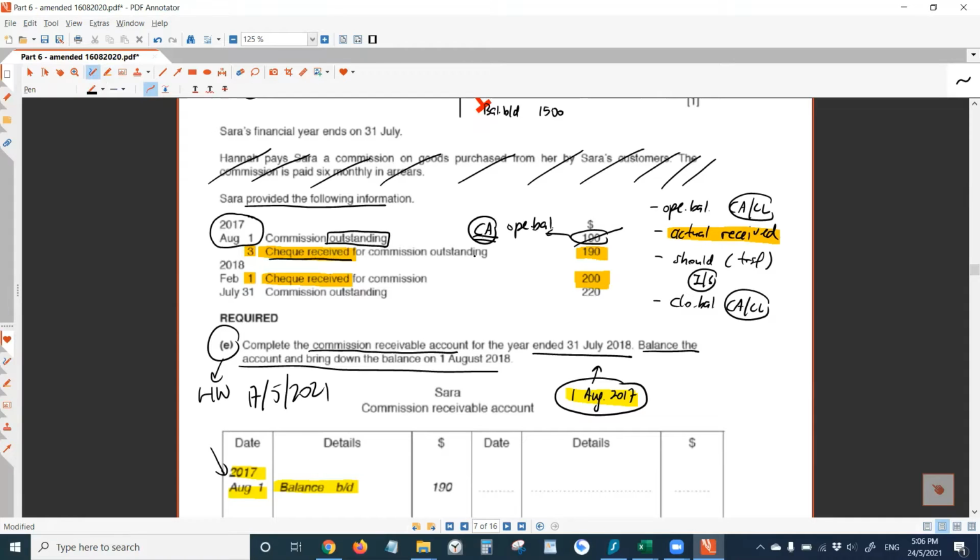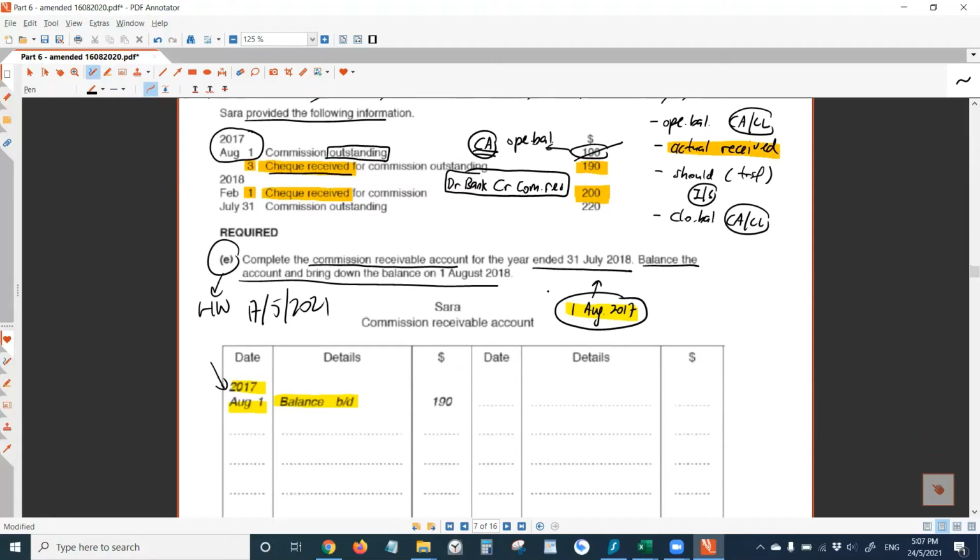Received cheque. So for this, debit bank, because you receive a cheque, right? Debit bank, credit commission receivable account. These are the double entries for the ones in orange. So Justin, observe carefully how I do this. Do you need to open the bank account? The question doesn't ask you to do so, right? So ignore doing the bank account.